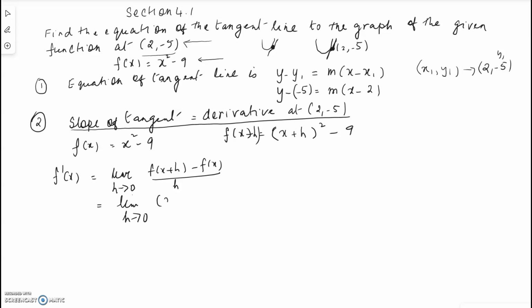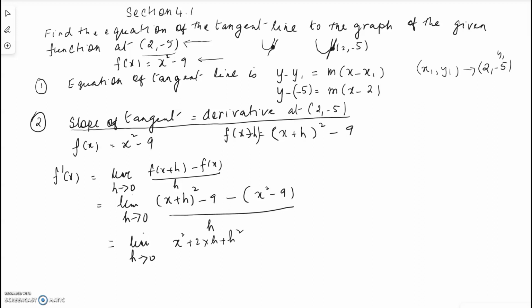So now we have x plus h the whole squared minus 9, minus f of x, which is x squared minus 9, divided by h. So this is equal to the limit as h approaches 0 of x squared plus 2xh plus h squared minus 9 minus x squared plus 9, all over h.